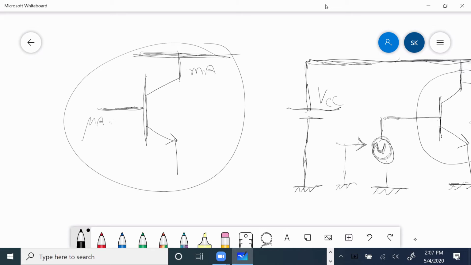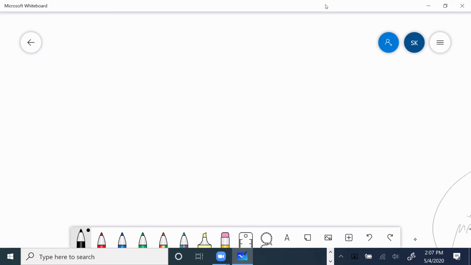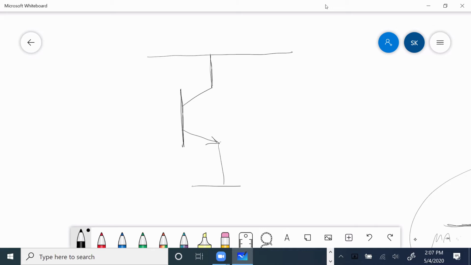Could you repeat that last part? Okay, of course. So let me just do one more. If I have a transistor, and if I just bias it, that means I connect a battery.